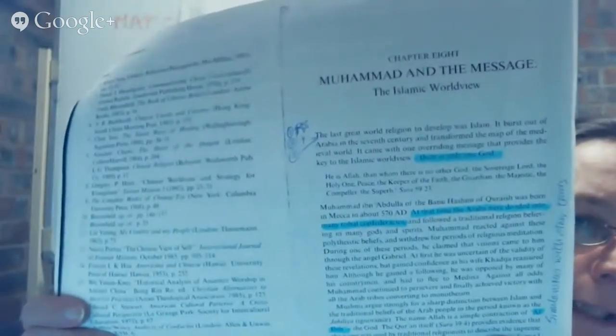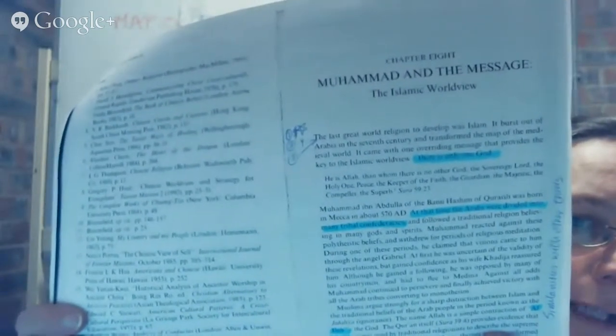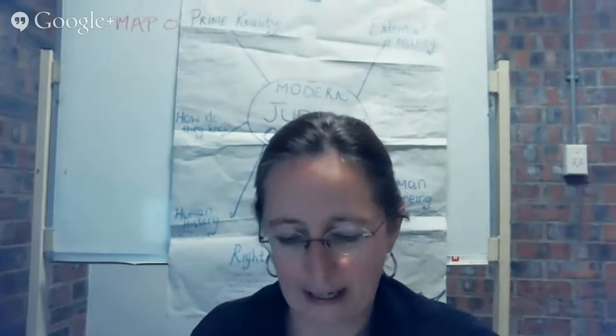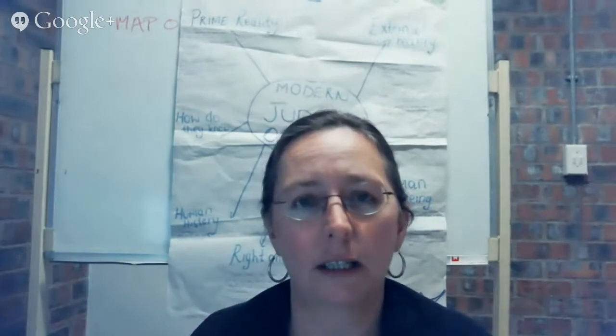I've highlighted some of the elements here. Muhammad and the message, the Islamic worldview. So I've had a look, for example, at the similarities between Judaism here and Islam, because they are called the Abrahamic faiths. The idea is to actually have fun.